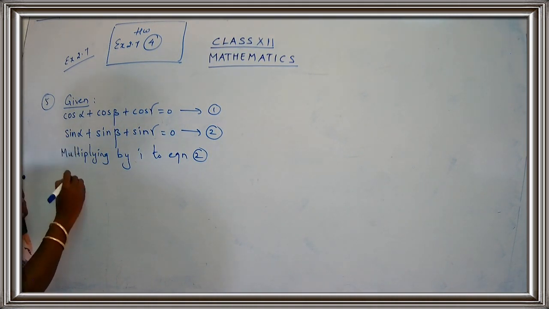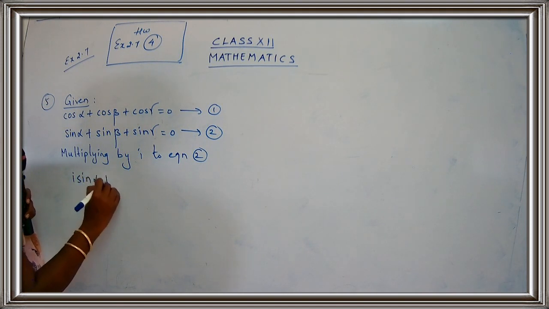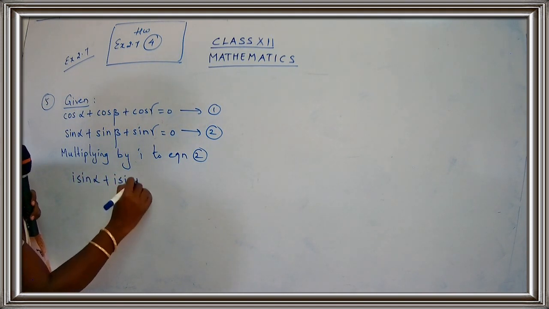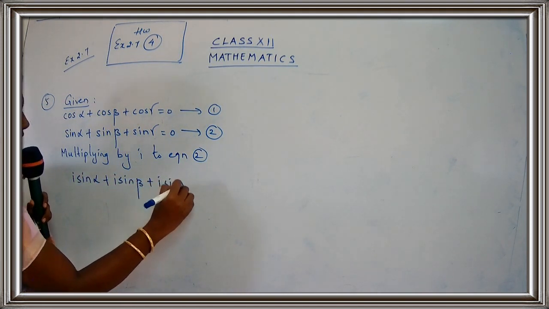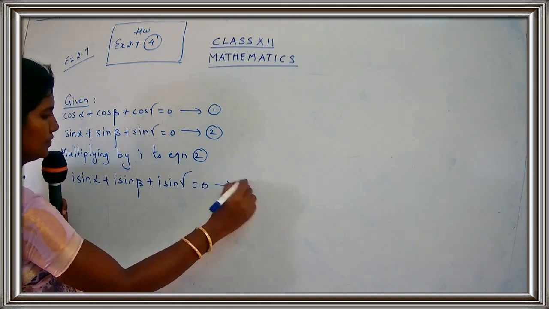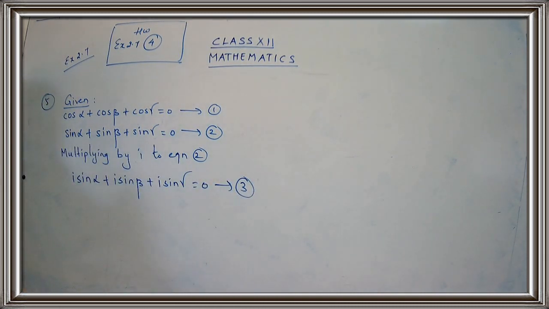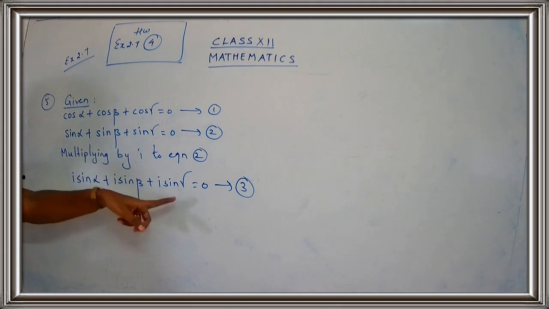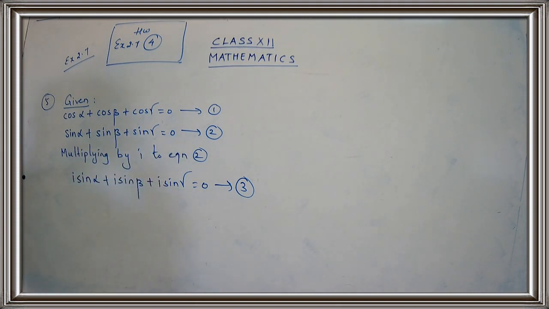So we'll get here i sin alpha plus i sin beta plus i sin gamma is equal to 0. Put this as number 3. So I'm just multiplying equation 2 by i. When I multiply by i, I get i sin alpha, i sin beta, i sin gamma, and this is equal to 0. Anything multiplied by 0 is going to give you 0. So put that equation as 3.